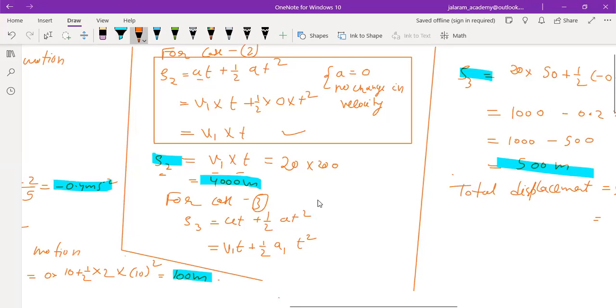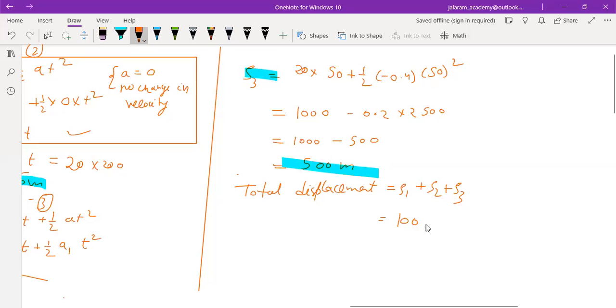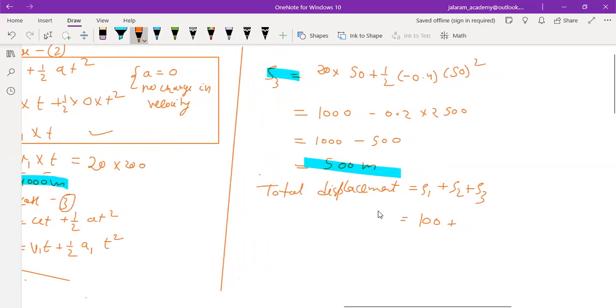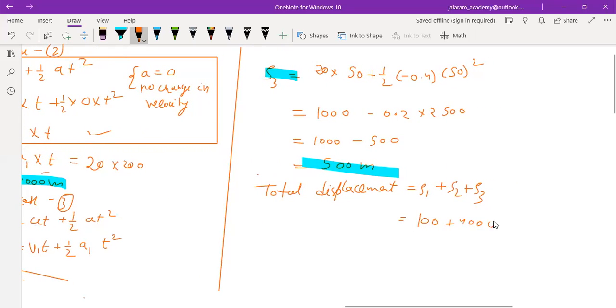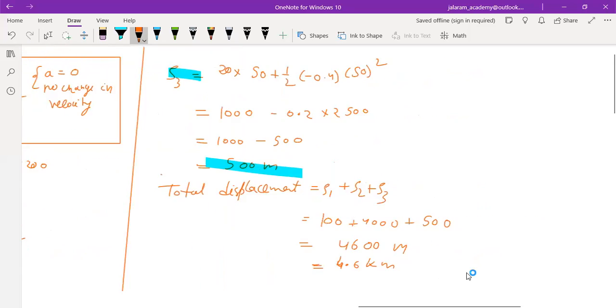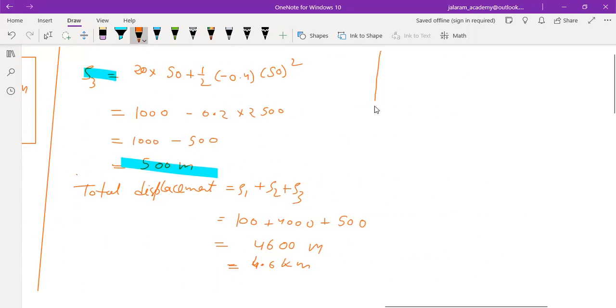So add these three: S1 is 100 meter, S2 is 4000 meter, S3 is 500. So in all, it is 4600 meter, that is 4.6 kilometers. So try to write the answer in kilometers if it is greater than 1000, though it doesn't affect the answer, you can leave it in meter form also. I think in your book it is given in meter only.